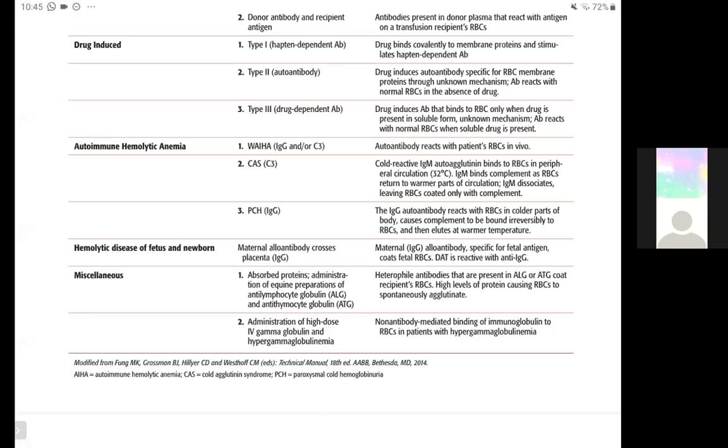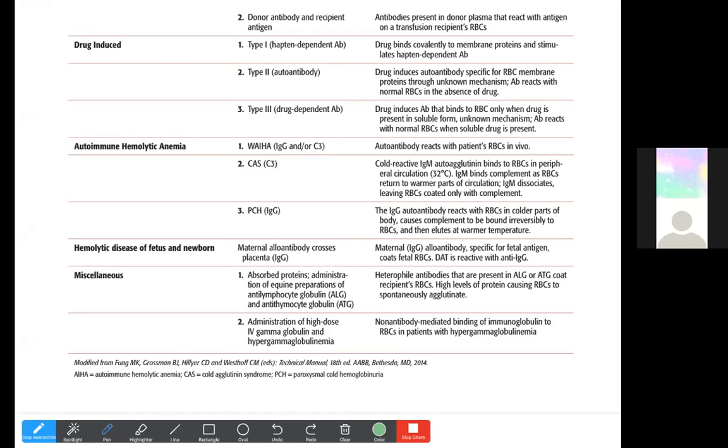Heterophile antibodies. In the case of these heterophile antibodies, they could be equine preparations, because the preparations of anti-lymphocyte and anti-thymocyte globulin could lead to formation of antibodies against non-specific antigens.